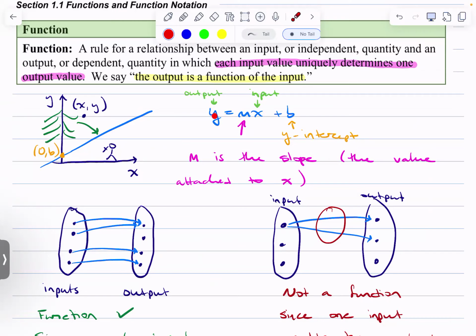It's the output when I put in x. And so from here, we can replace this y with an f of x, and you can read them interchangeably. And that was a game changer for me. As soon as I realized that I could just read f of x as y, then everything just kind of fell into place.